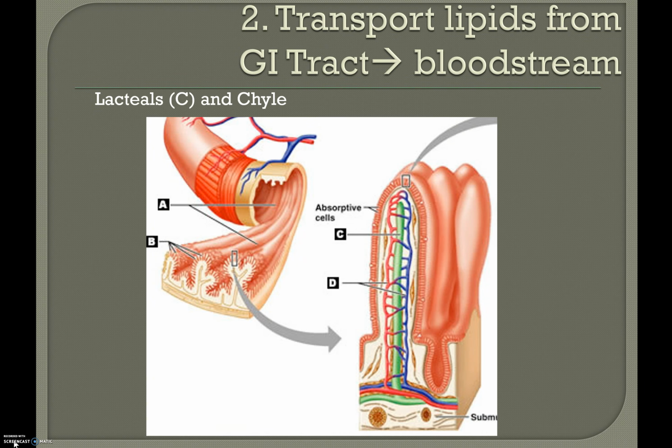However, lipids and lipid-soluble vitamins cannot be absorbed by the blood capillaries that easily. Therefore, we have the green lymphatic capillaries called lacteals that carry lipids into our system. So lacteals, remember, are specialized lymphatic capillaries only found in the small intestine that carry lipids and lipid-soluble vitamins.